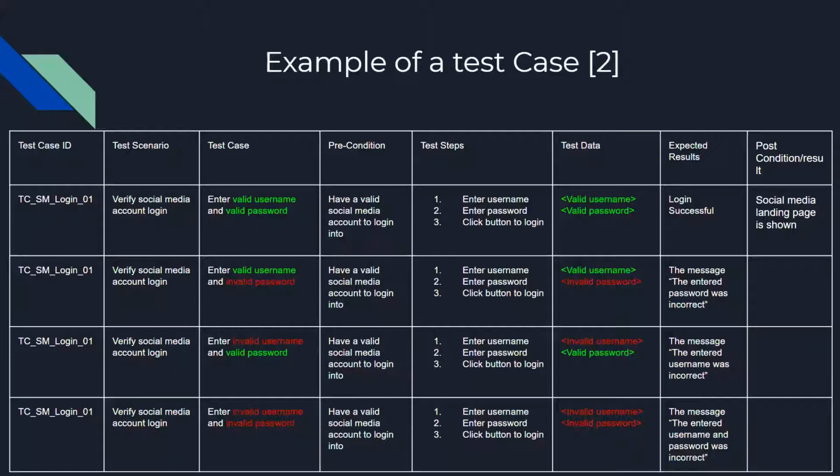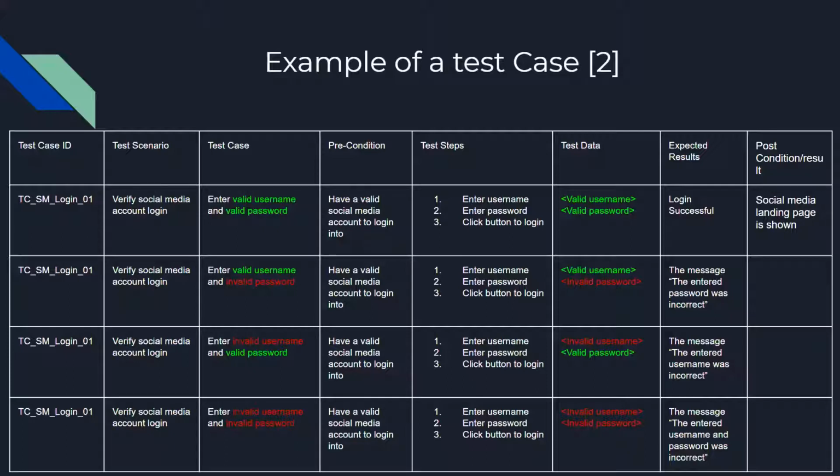In this example, it is that the user already has a social media account to log into. Next, we identify the steps needed to test the software. For this test, we simply need to enter a username, password, and click a button to log into the account. Next, we identify the data we are testing within the software, which are the different variations of the test cases.